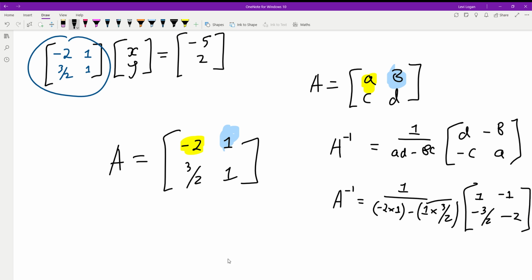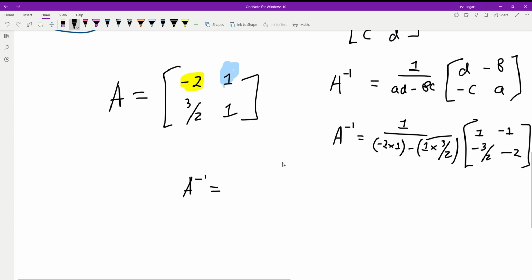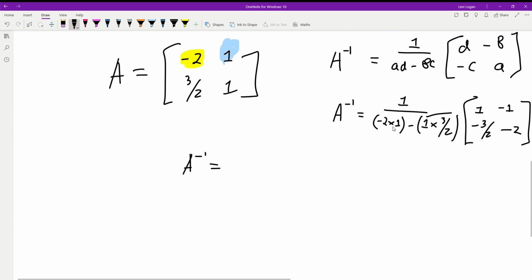We could probably simplify this a little bit more, but A inverse should be a slightly uglier matrix than the first one. So here that's going to be negative 2, and that's going to be negative 3 on 2. So we have 1 and then negative 2 minus 3 on 2. You could combine it using fractions, but I'm going to be lazy and use a calculator. So minus 2 minus 3 on 2 is negative 7 on 2 on the bottom.